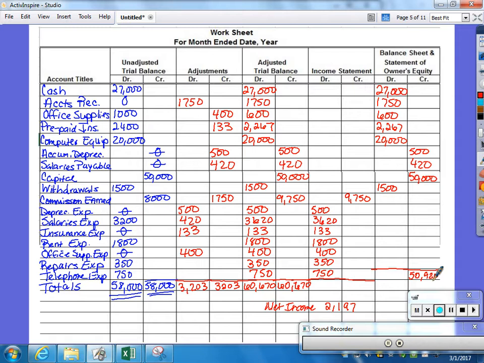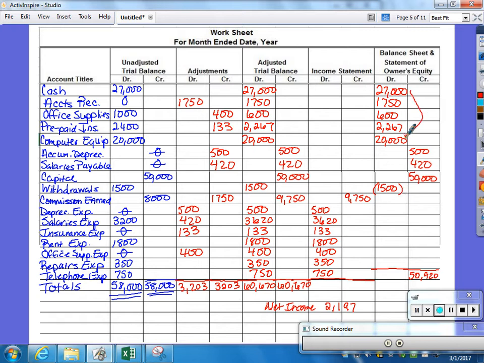All these, excluding this, because we know we subtract that. But all of these added together equal what? $51,632.